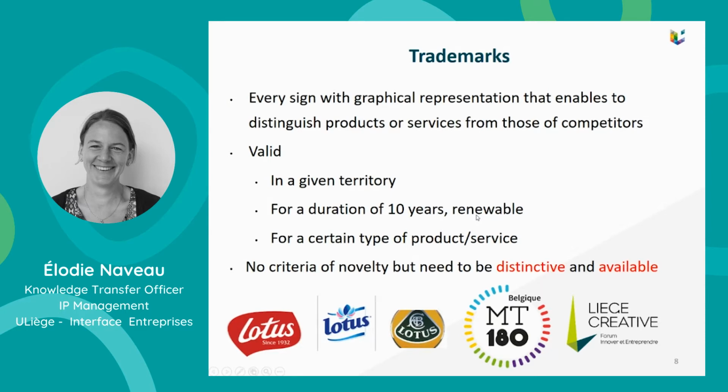So this is why this intellectual property right of trademark can be very long. It can last for any time as soon as you pay the renewal fees every 10 years. And it protects a certain type of product or service. There is no criteria of novelty, but it needs to be distinctive and available.